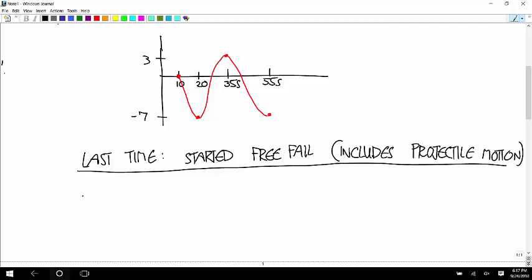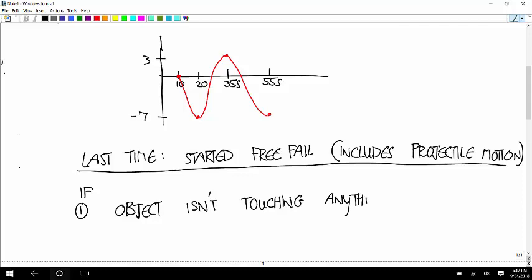And so if first the object isn't touching anything, and two, we can assume that air resistance is negligible. Air resistance has a negligible effect on the object's motion.